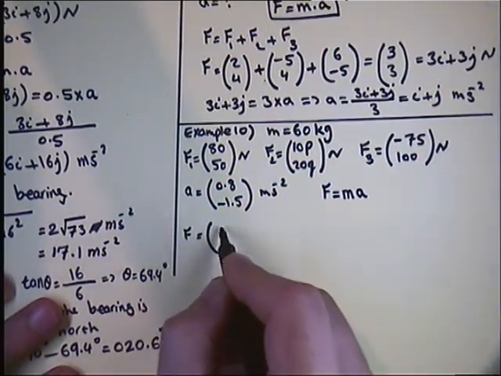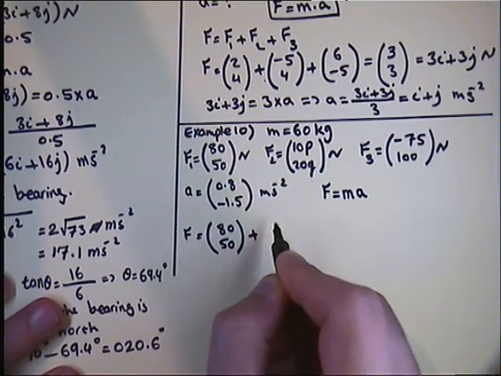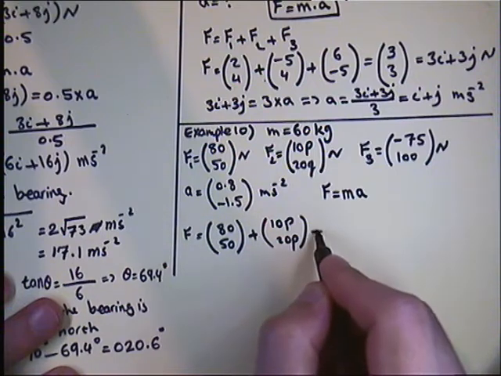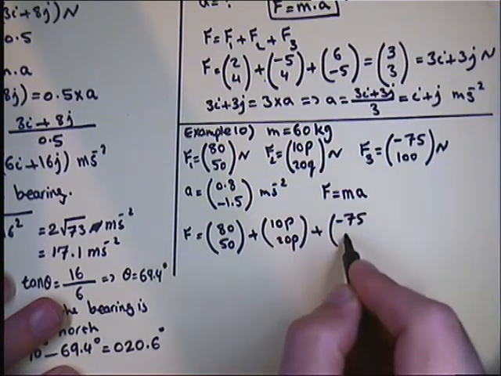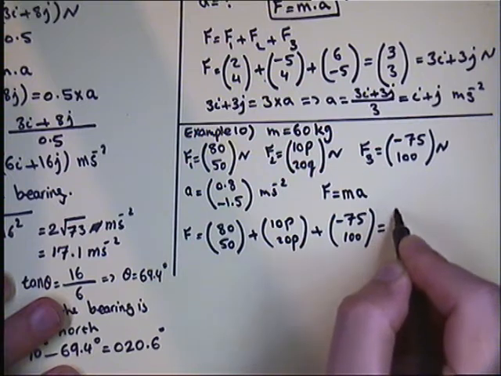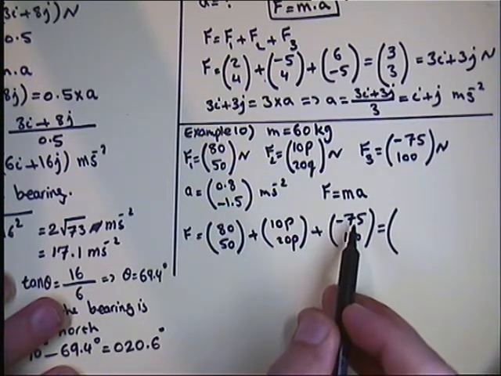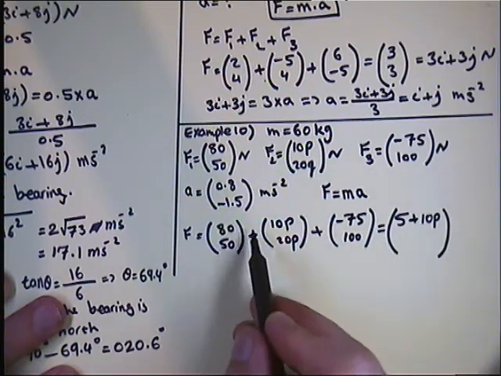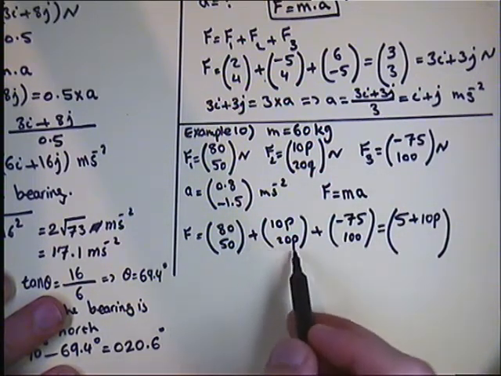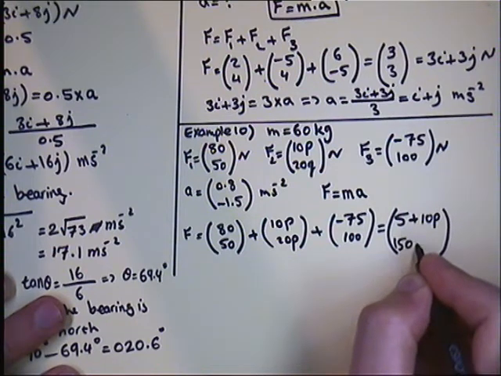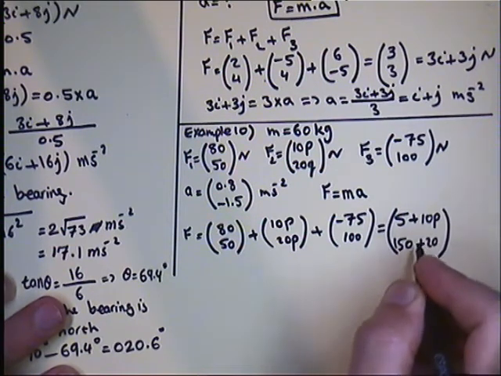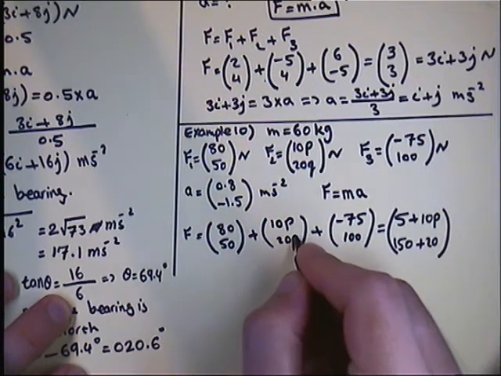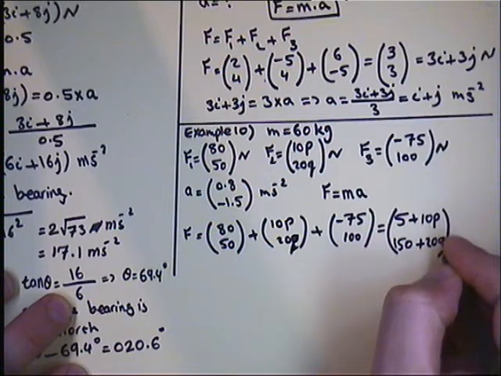F equals 80, 50 add 10p, 20q add minus 75, 100, which is 80 minus 75, which is 5, 5 plus 10p, and 50 add 100, 150 add 20q.